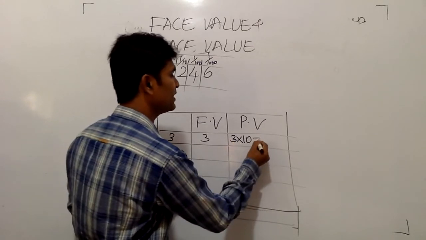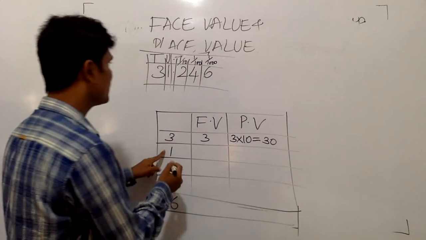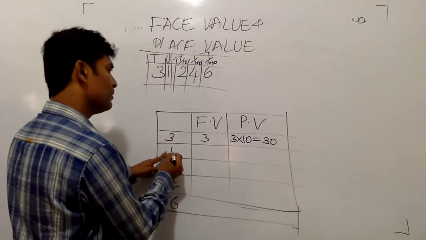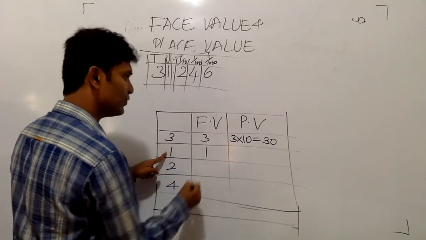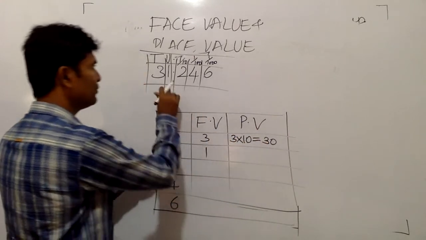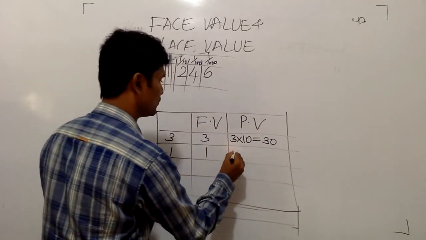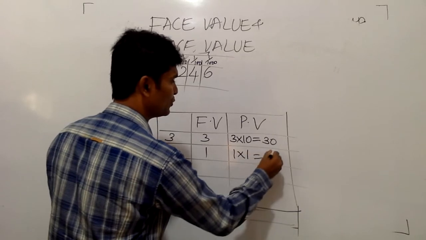That's why 3 into 10 is equal to 30. What is the place value and face value of 1? The face value of 1 is 1 only, but the place value, it is in the units place. That's why 1 into 1 is equal to 1.